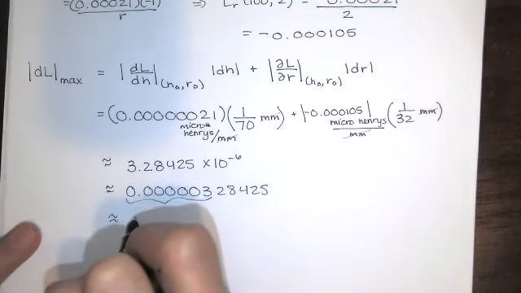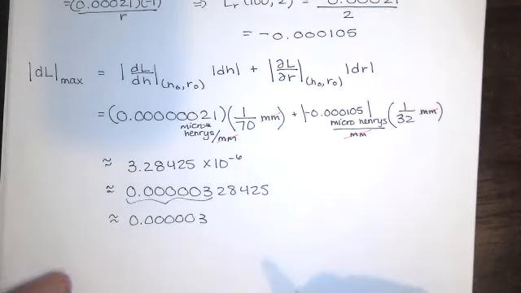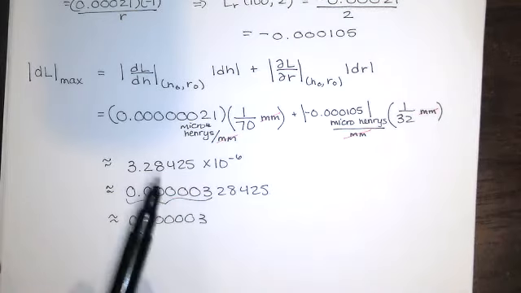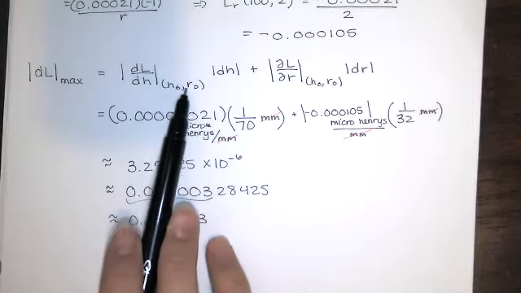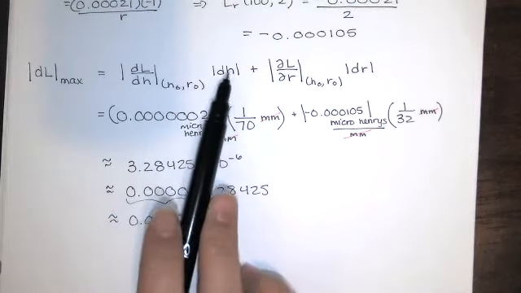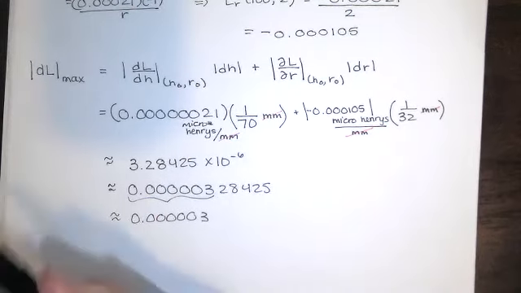So that's the answer. That is our maximum error in calculating inductance using this length in millimeters and this radius, given that we have some error in measuring the length and some error in measuring the radius.